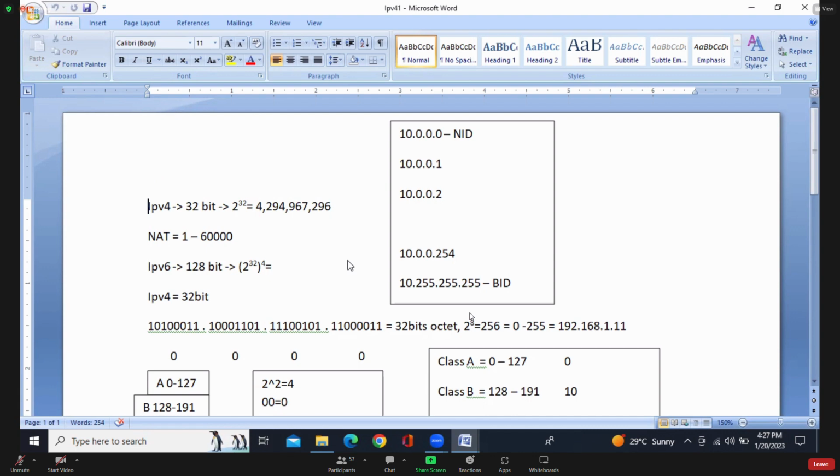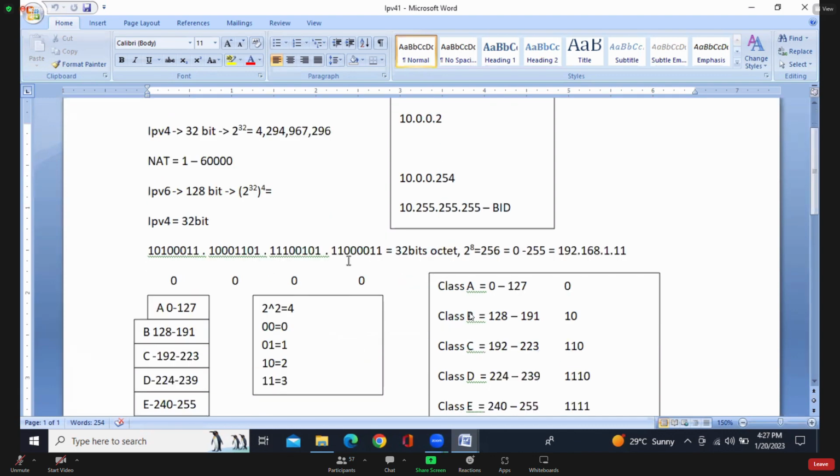Right, guys. Okay, IP addresses. Coming to IPs, we have two versions, IPv4 and IPv6.